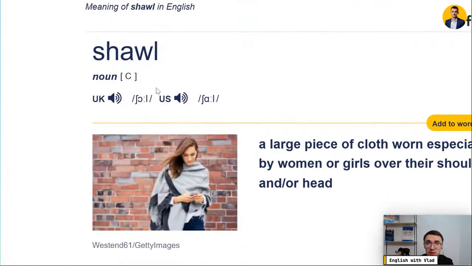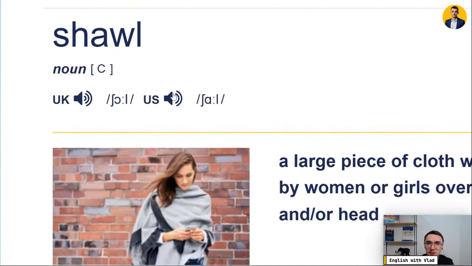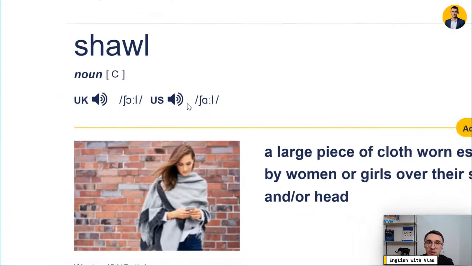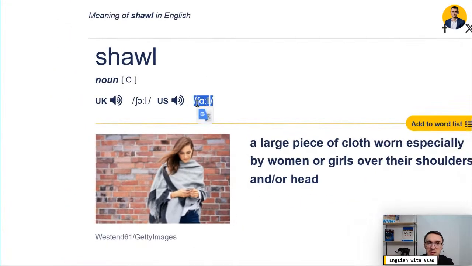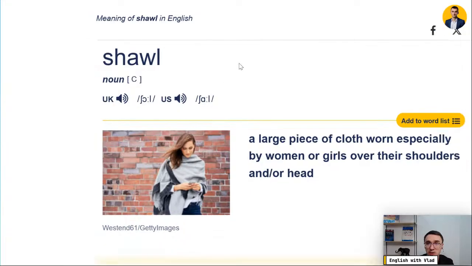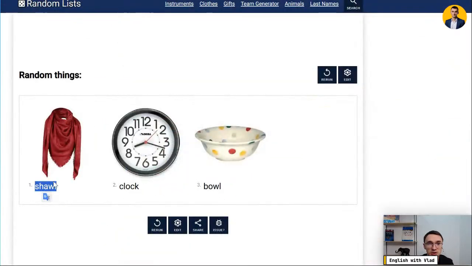So as you can see, we can click US and UK pronunciation here. Let's go for shawl. Shawl. Yeah, shawl. And sometimes I use transcription as well because pronunciation, like media, might not always be clear, but transcription always tells you that it's shawl. Okay, so the first word was shawl.